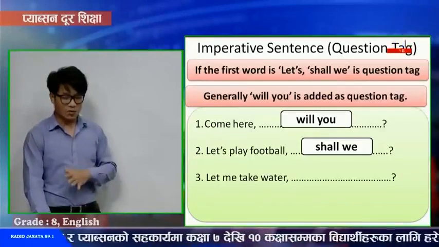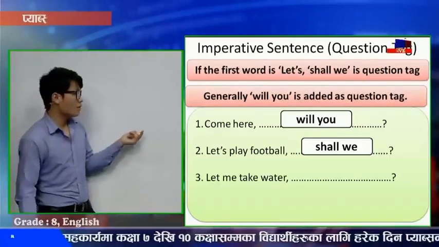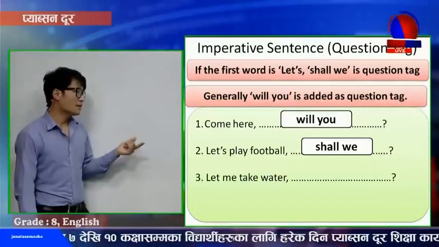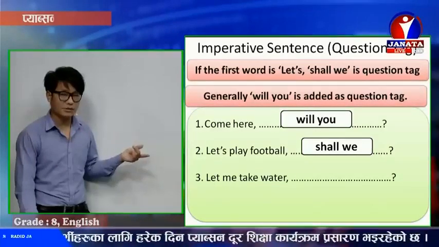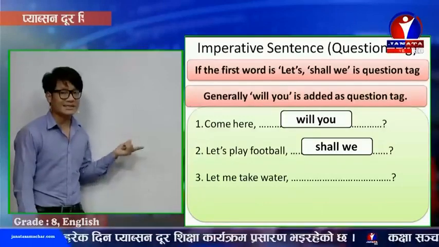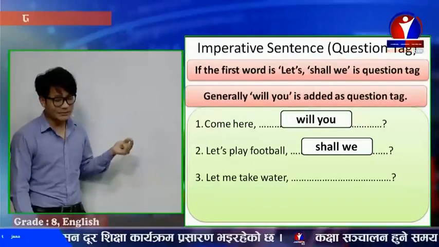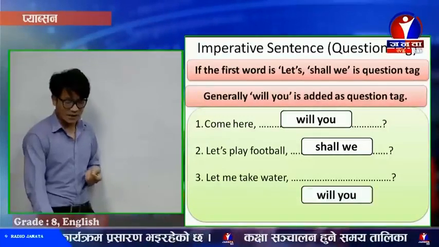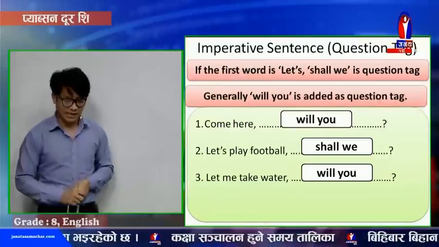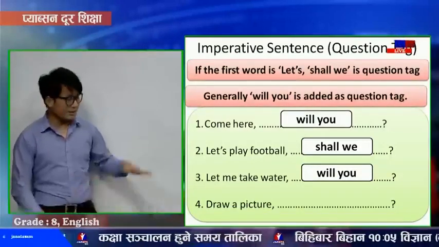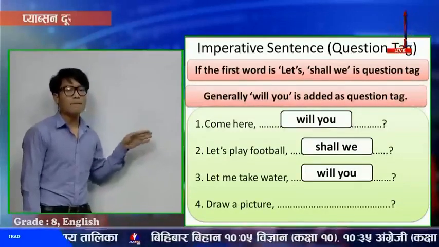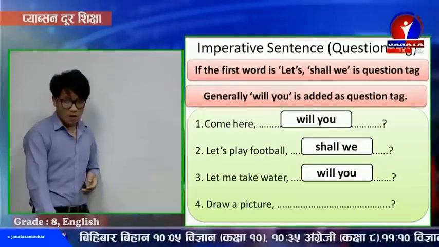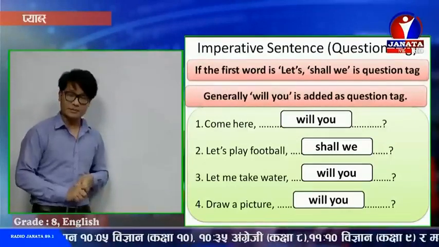You may get confused, but actually this is asking permission from a second person. This is not let's, this is let. That's why will you is the question tag. The last example: draw a picture. Obviously the question tag is will you.